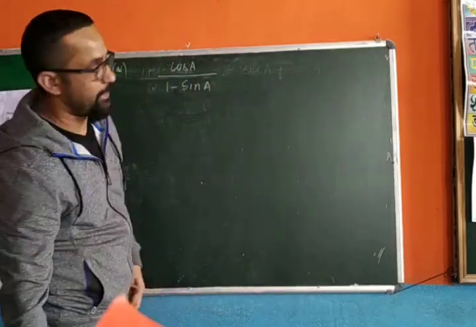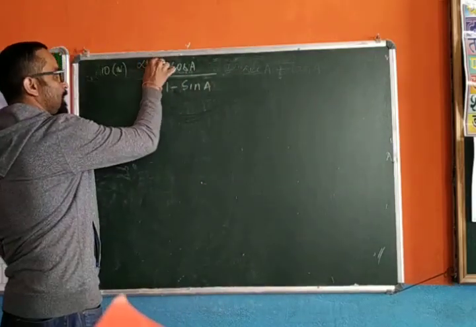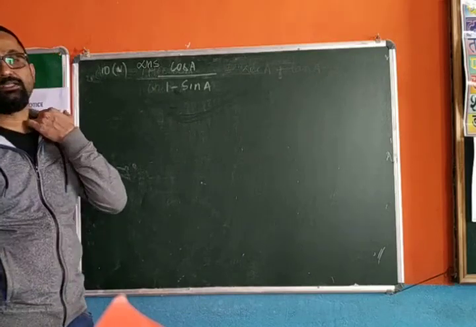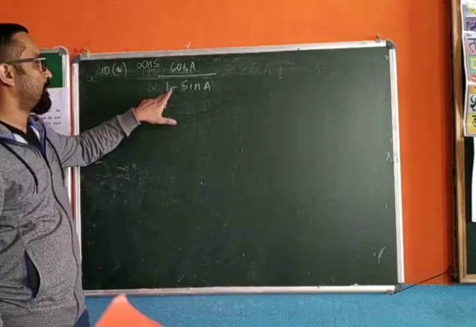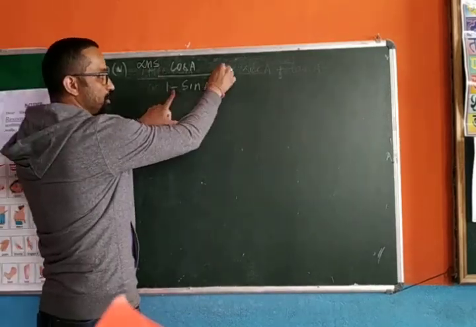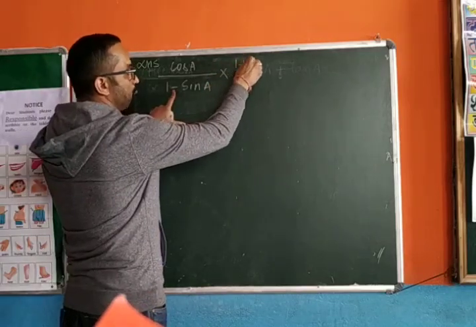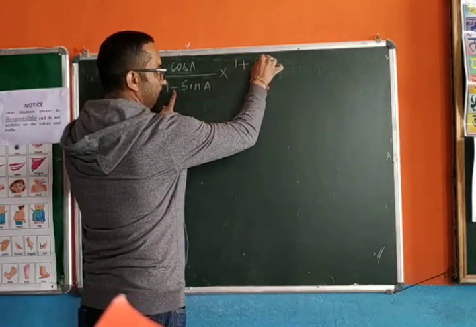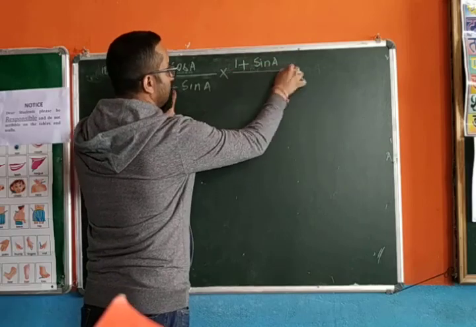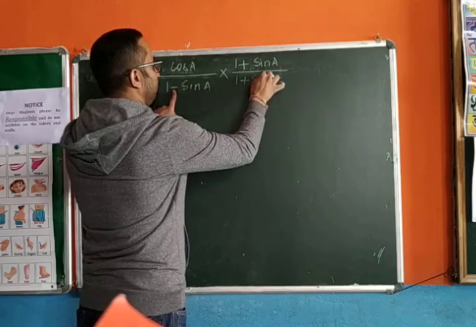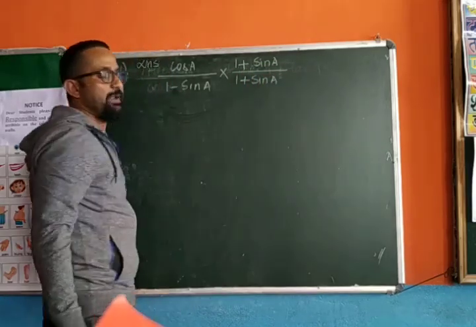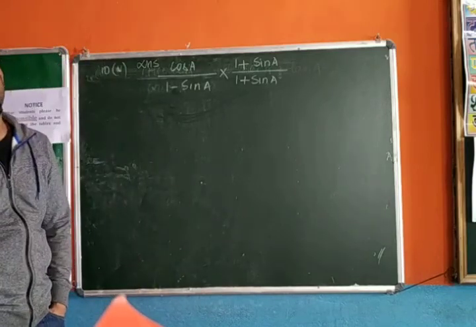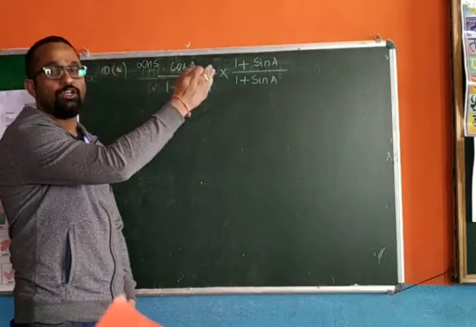Copy the left hand side. And you have to rationalize the denominator. It has minus sign, so put multiplication, you multiply by plus. Similar term, but plus sign. This method is called rationalization by looking at the sign on the right hand side.